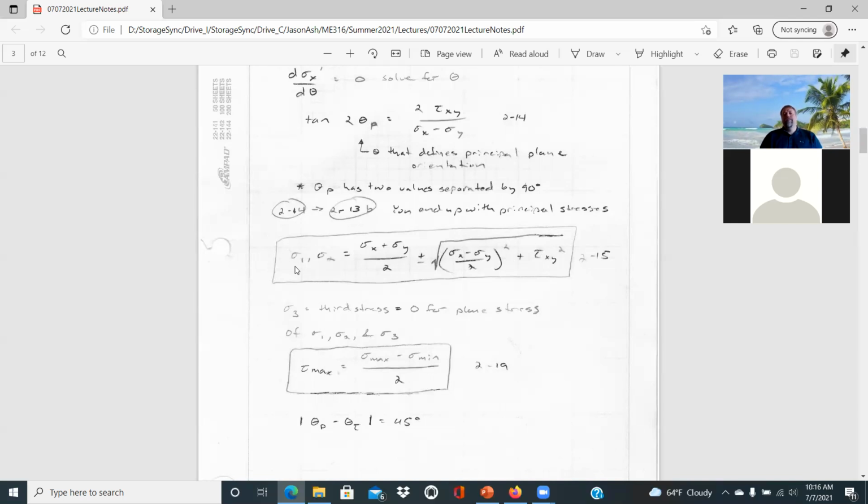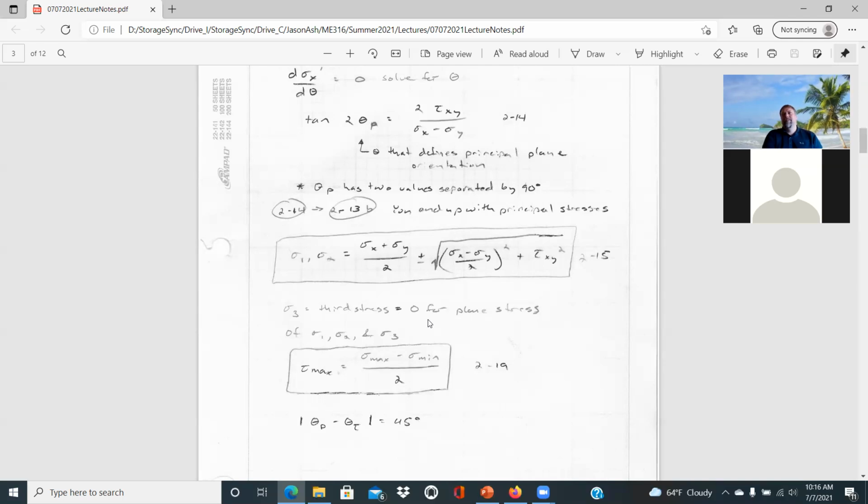In that case of plane stress, you still need to remember that you have a third principal stress of 0, because that can become important when you're looking for things like the maximum shear stress. If you order things sigma 1 greater than sigma 2 greater than sigma 3, sigma 1 would be your maximum principal stress, sigma 3 would be your minimum principal stress.